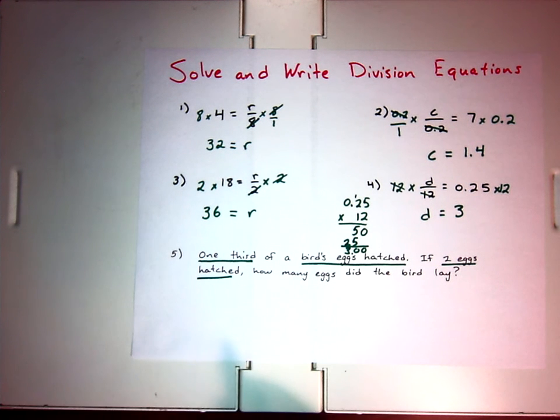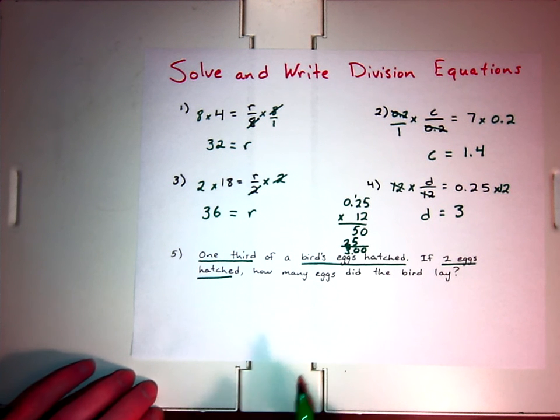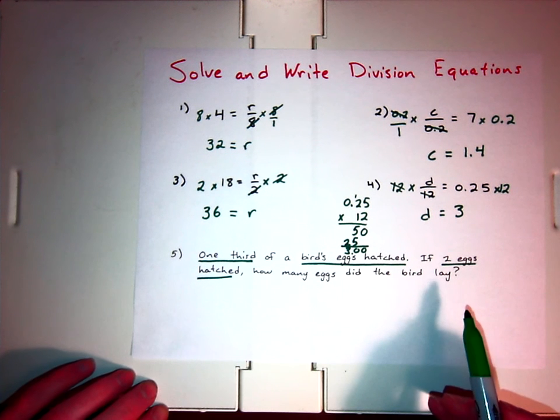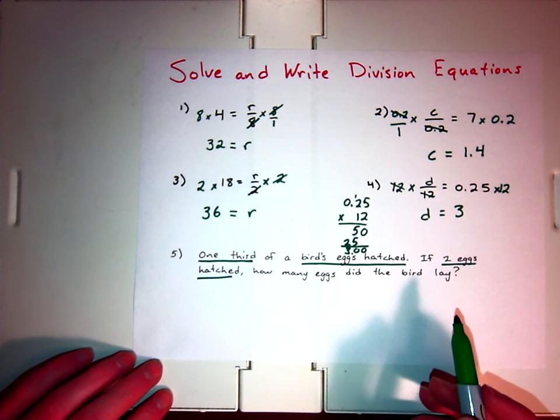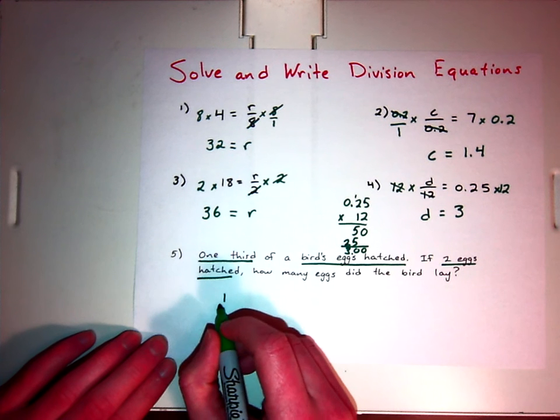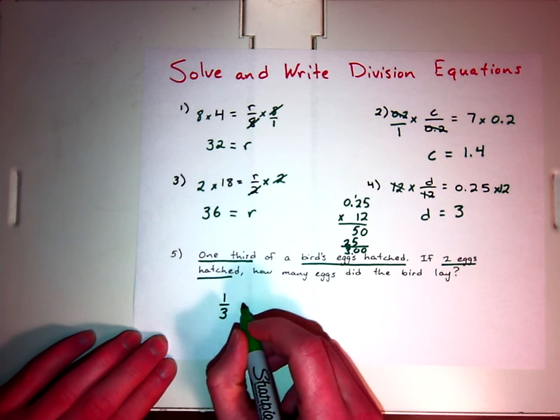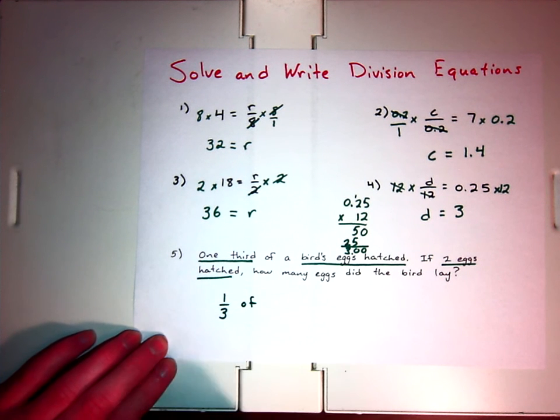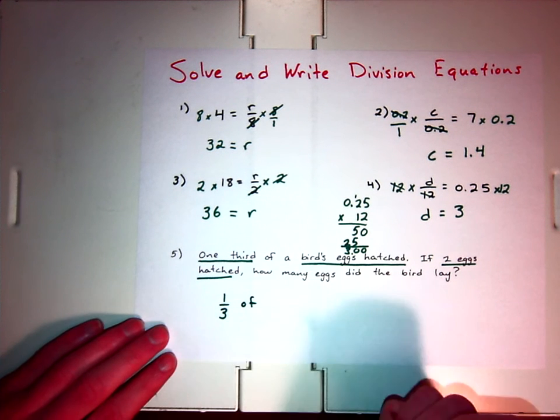So we know that 1/3 of the bird's eggs hatched. We know that it is equal to 2. So 1/3 of the eggs that the bird laid.